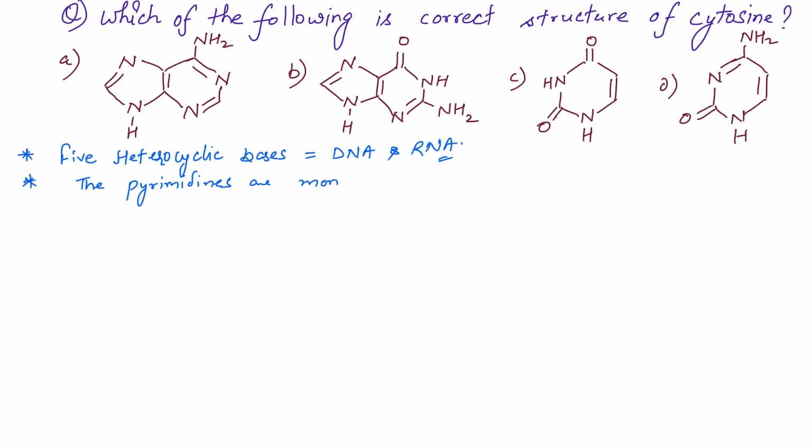Now the pyrimidines are monocyclic, while the purines are bicyclic. The pyrimidine bases, they are monocyclic, while the purine bases, they are bicyclic.